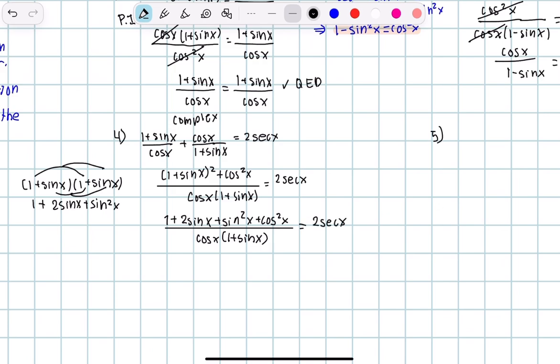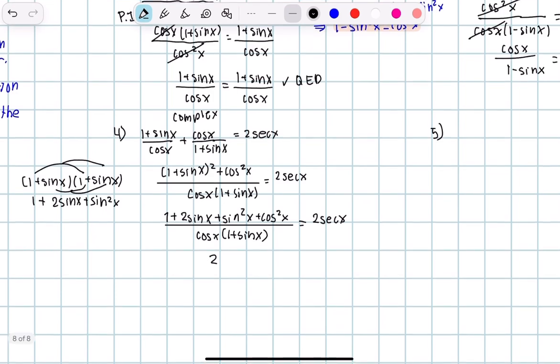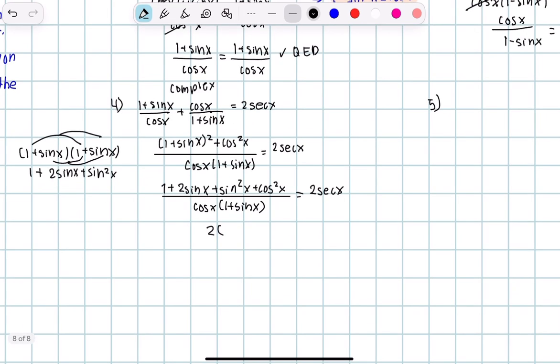Then we can cancel things out, and that will just give us 2, and we can also factor out the 2, and that will give us 1 plus sine x divided by cosine x times 1 plus sine x is equal to 2 secant x again.